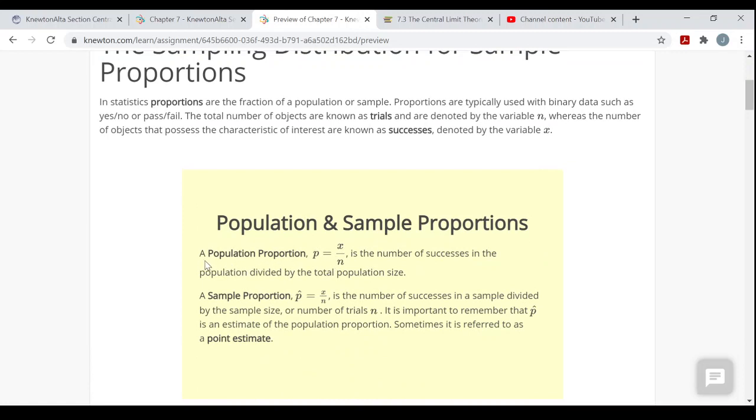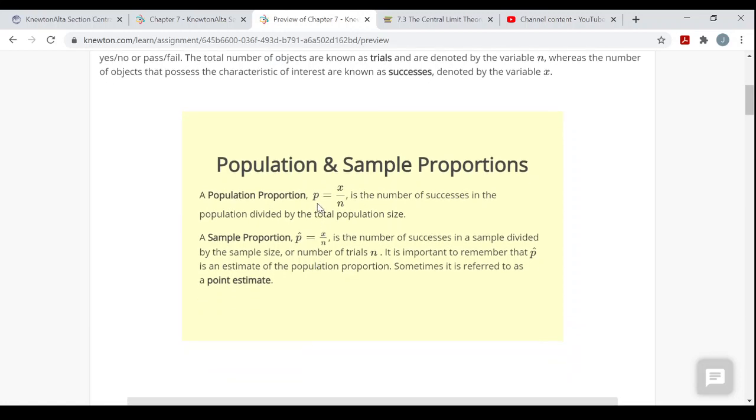Right, so a population proportion will be denoted by just a lowercase p, and it's equal to the number of successes in the population divided by the population size, right, x over n. And the same formula goes for a sample proportion, but they use different notation.